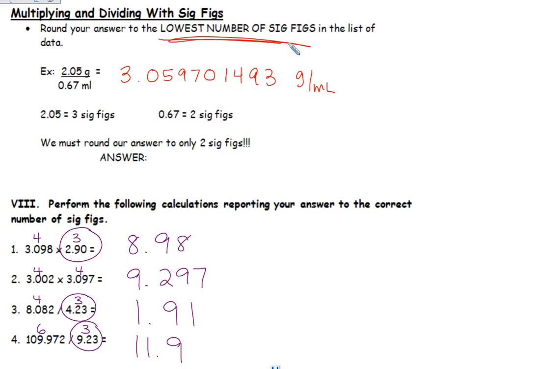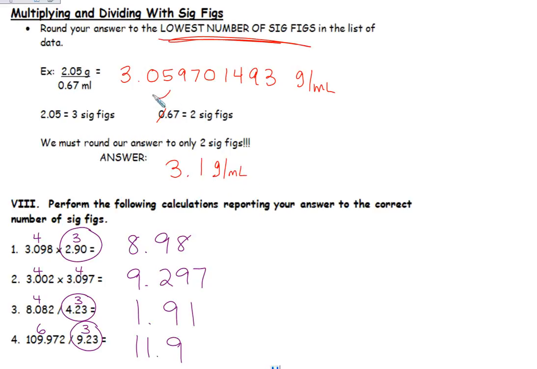Remember, that's only 2, because this 0 in the front is a leading 0, a placeholder. It's only 2 significant figures. So guess what? You plug this in your calculator and you just round it to whatever piece of data had less significant figures. So in this case, we're going to round it to 2. So I would just leave my final answer as 3.1 grams per milliliter.